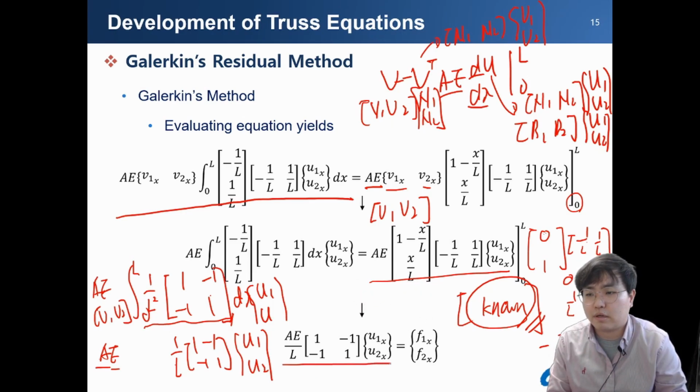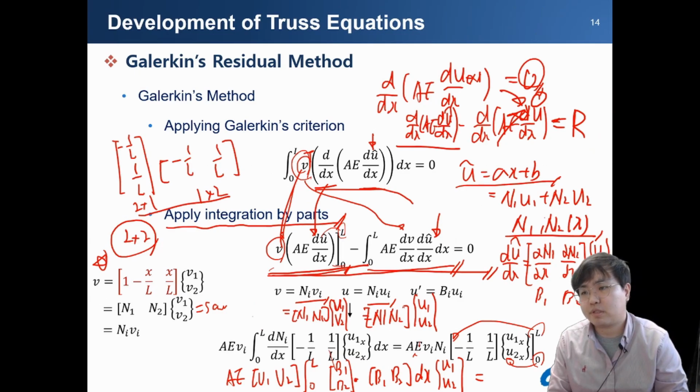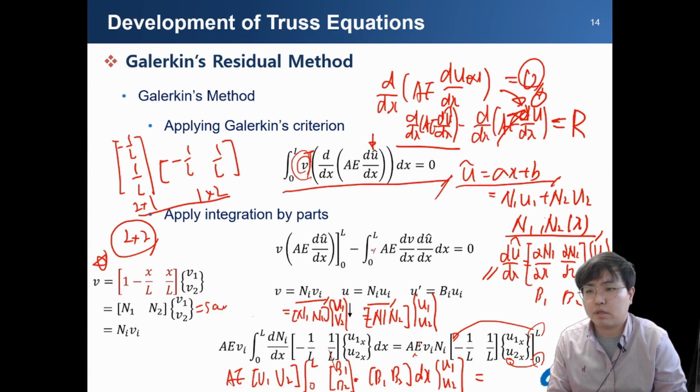I think you can easily understand the left-hand side, although I skipped the right-hand side. However, in the previous slide, we used integration by parts. Using integration by parts, this is some domain equation.